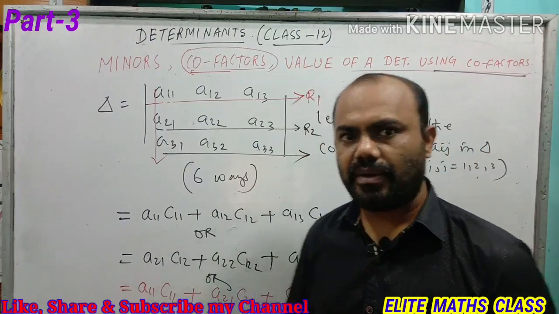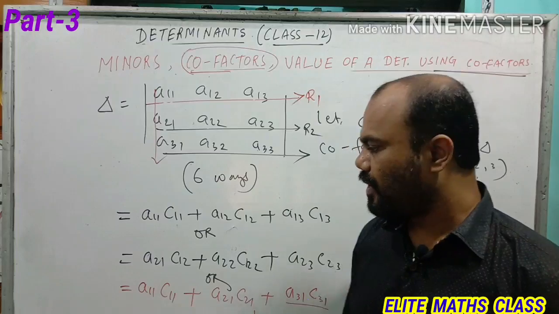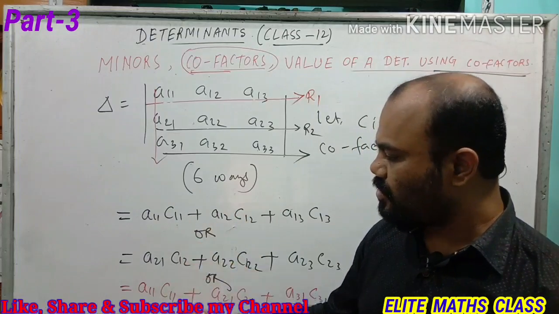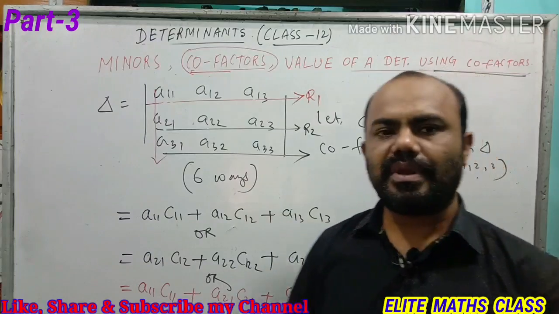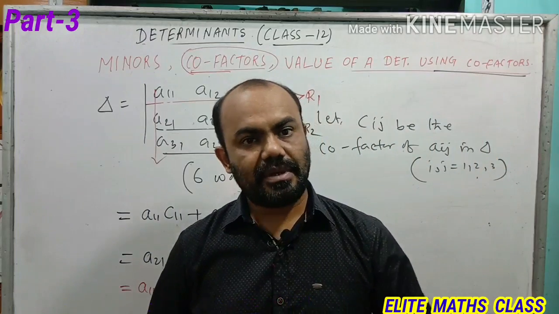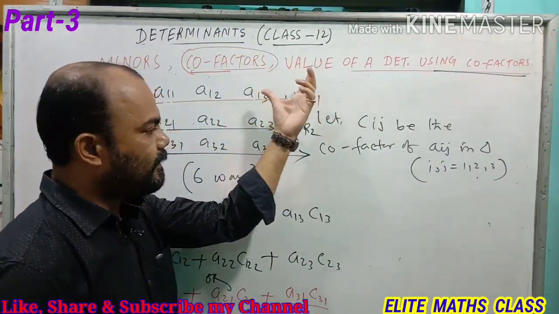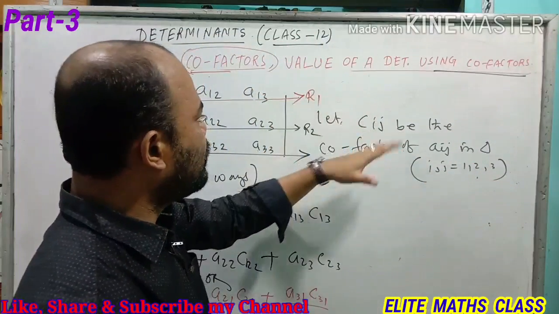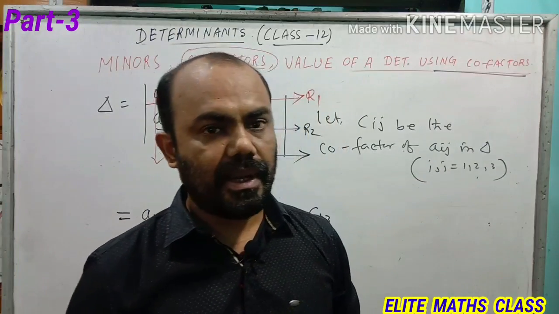Nothing is different or distinct, because cofactors are defined by their minors only, and Laplace expansion is also this one only. That is, using cofactors we can represent the Laplace expansion method in a different way, and the shortcut method or Sarrus method is another way in which you can easily find the value of a determinant of order 3.